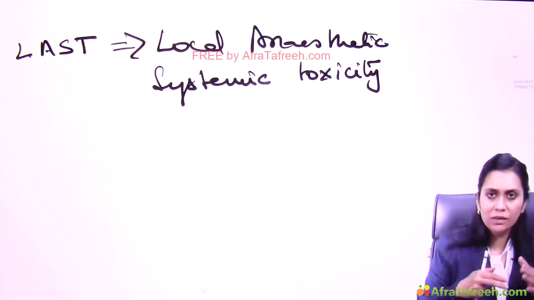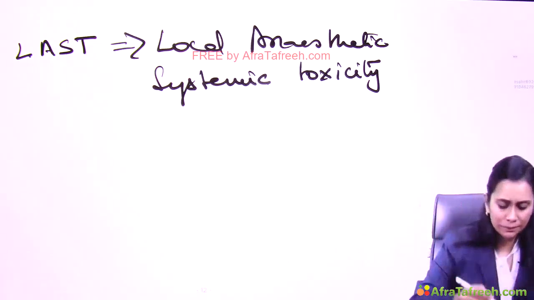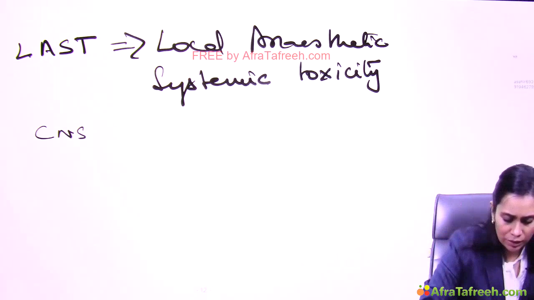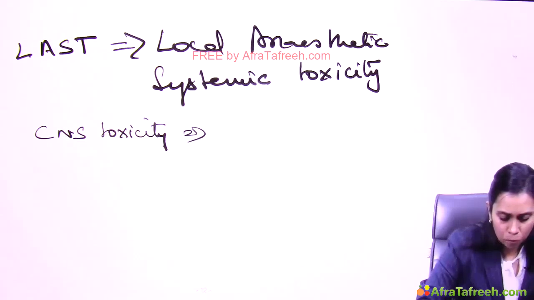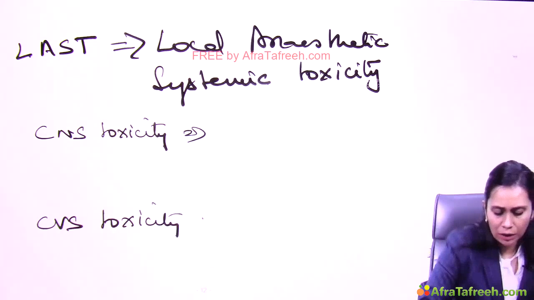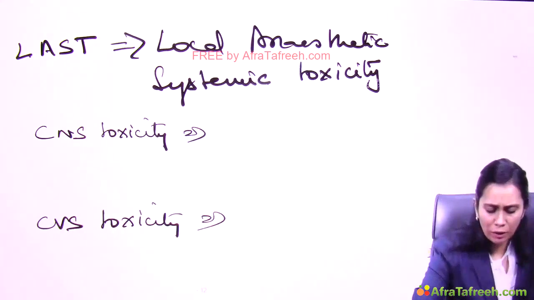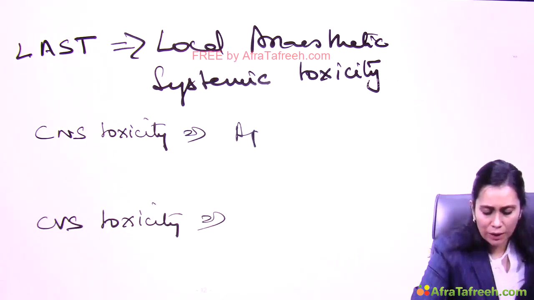Local anesthetic systemic toxicity needs to be discussed under two headings: CNS toxicity and CVS toxicity. What are the clinical features of CNS toxicity? Just now I wrote apprehension, right?